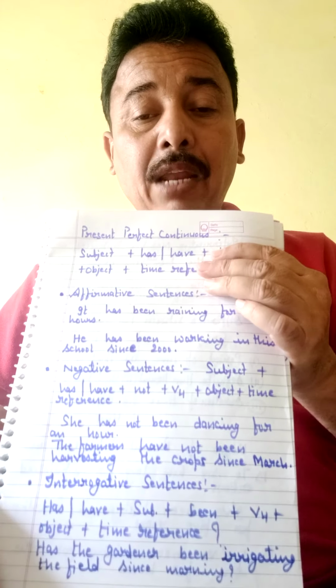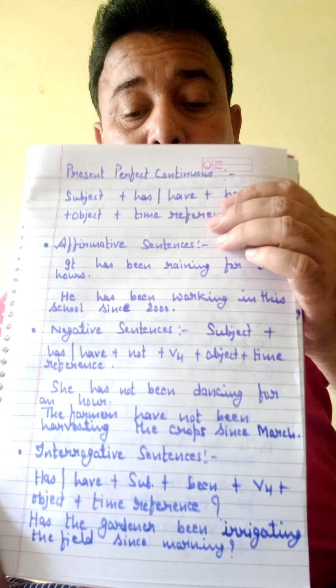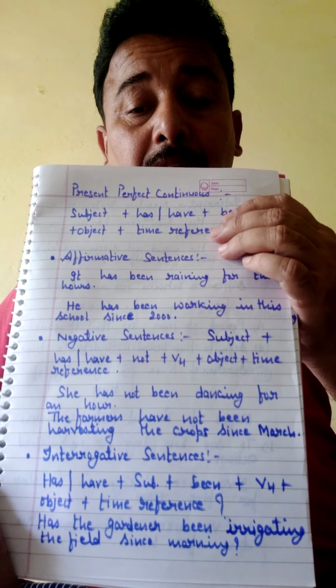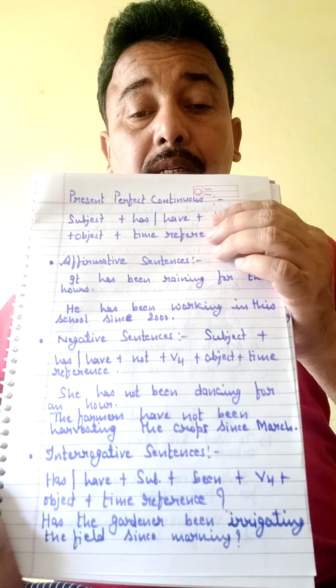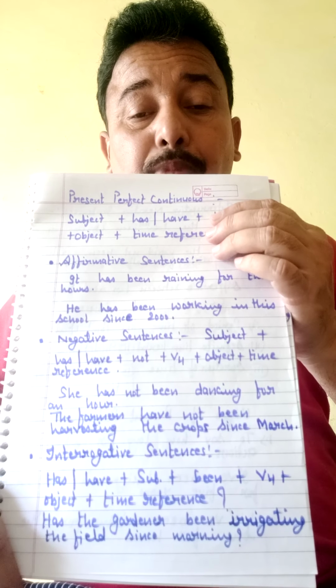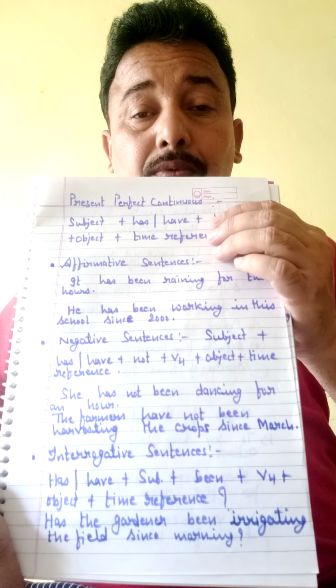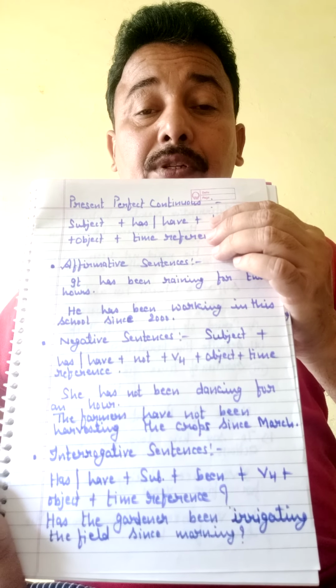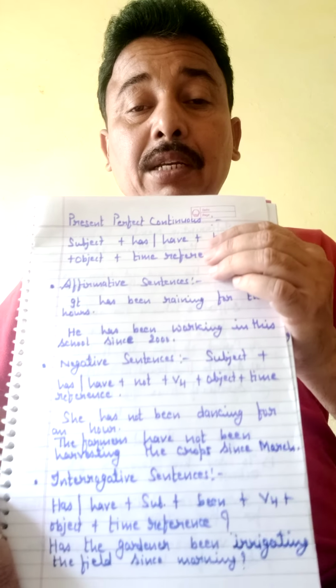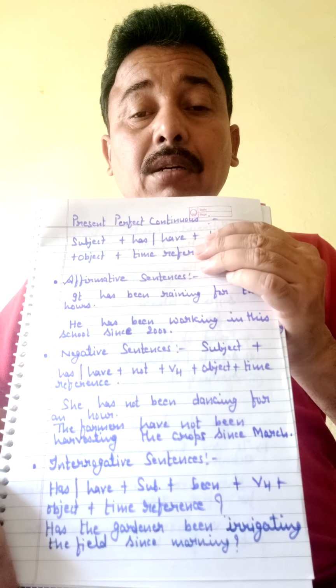Then after, interrogative. Interrogative format is has or have plus subject plus been plus fourth form of verb plus object plus time reference. Then, most important, it has to end with a question mark.